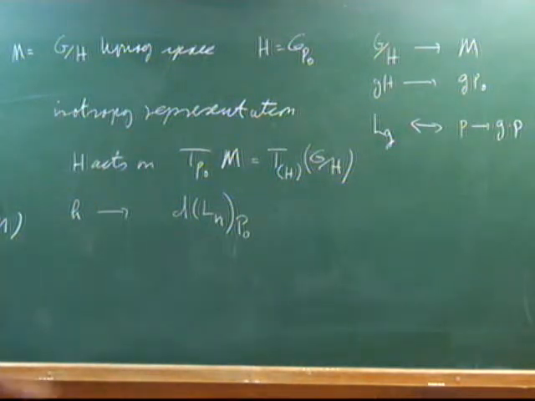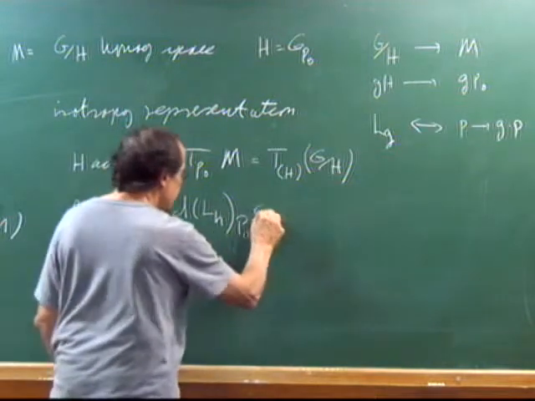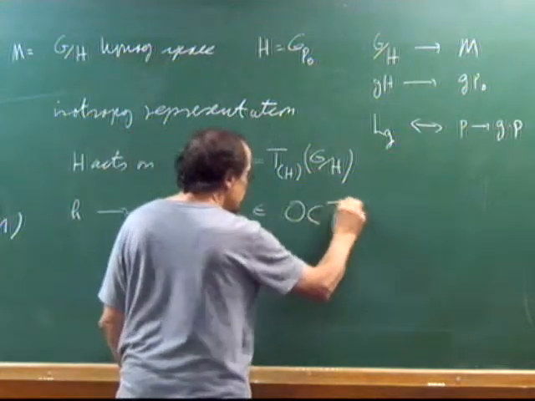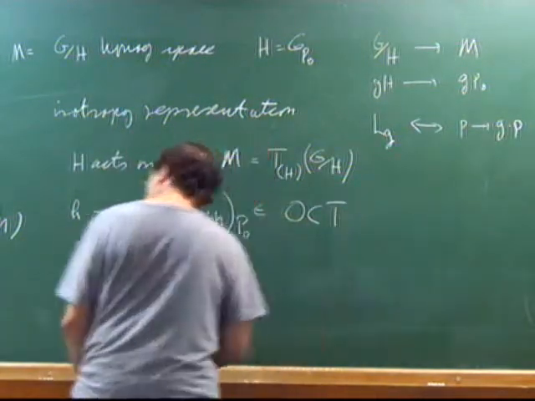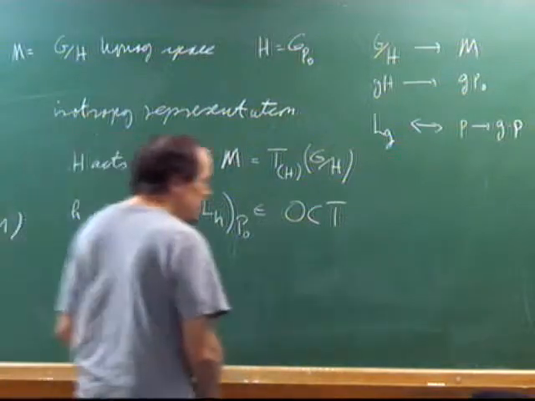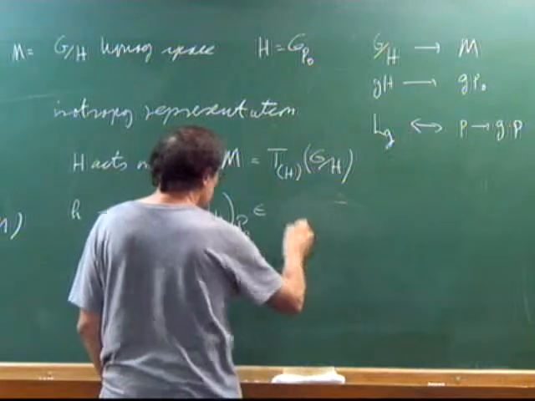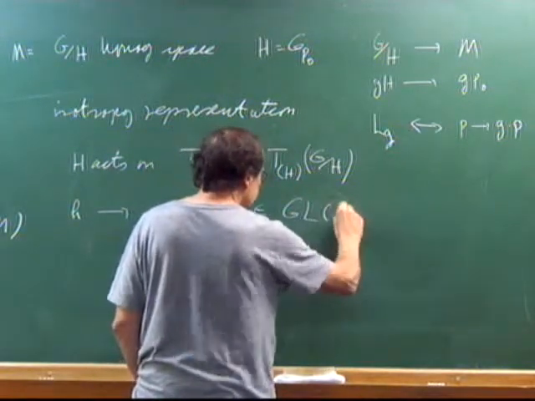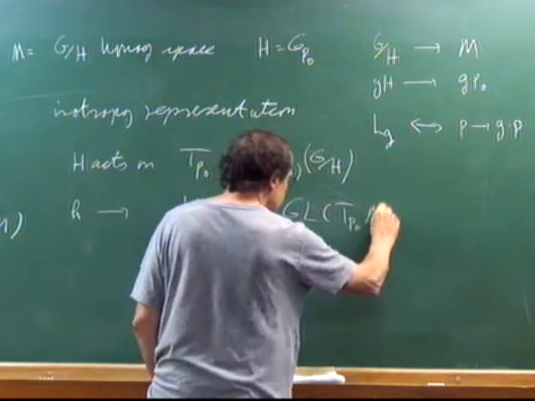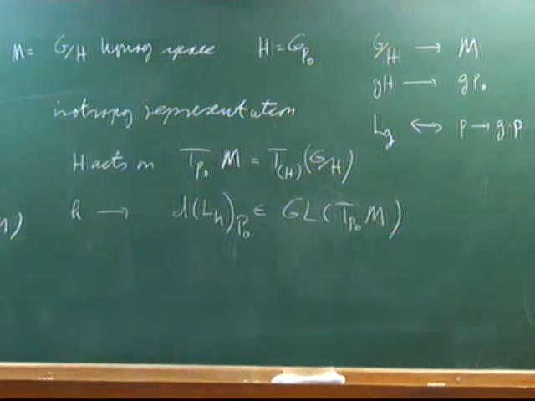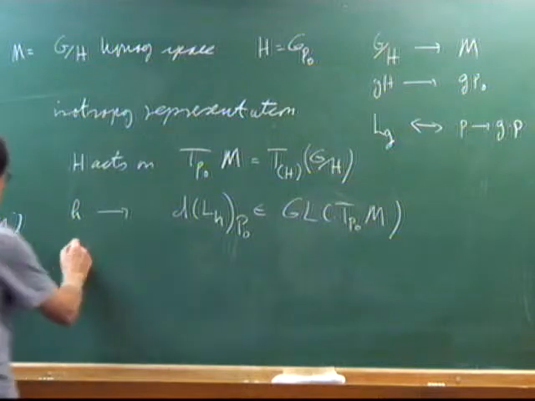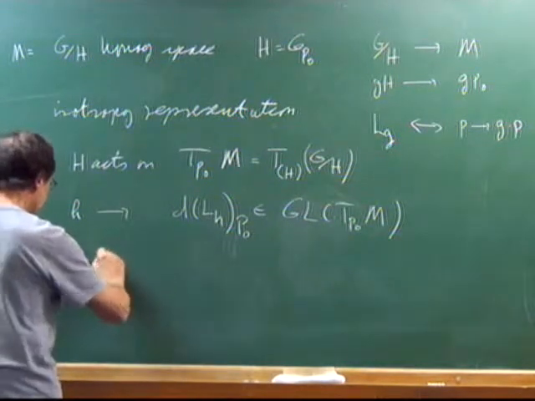H fixes it because it lies in the isotropy. So this acts on the tangent space, preserves the inner product. Well, sorry. I'm not talking about Riemannian yet. I'm just talking about general homogeneous spaces. So it lies in the general linear group. And we can say that G mod H is effective.